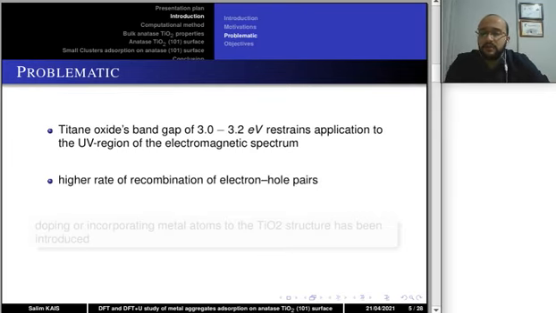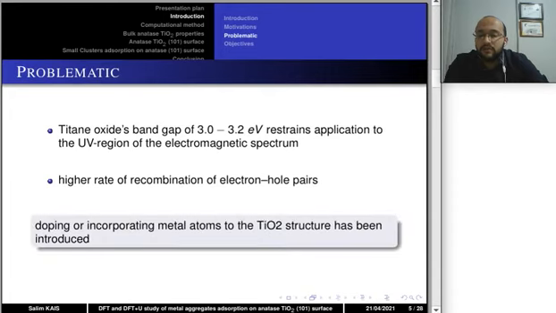Also, another key issue encountered with titania is the higher rate of recombination of electron-hole pairs, which reduces the activity. In order to overcome these drawbacks, doping or incorporating metal atoms into the titania structure has been introduced.